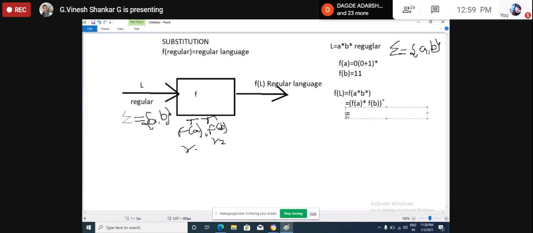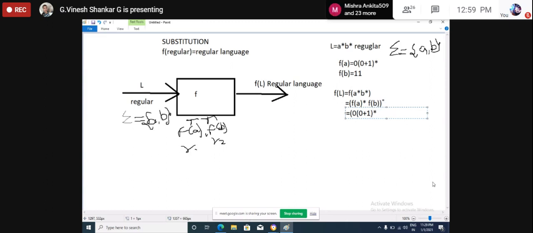Then once again, what is f of a? f of a is nothing but 0 followed by (0 or 1) whole star.